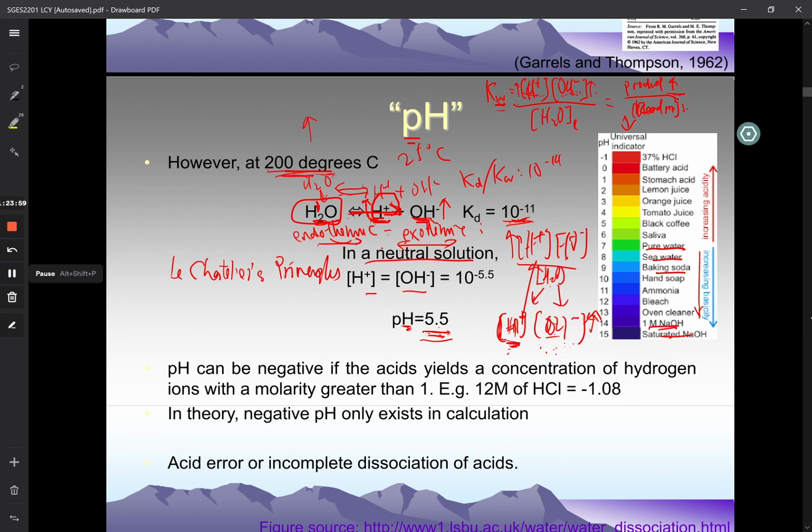Okay, and in the other spectrum of pH, you have saliva, our human saliva, which is slightly acidic with a pH of 6, and then orange juice, because of the citric acid, with a pH of 3, and at last you have HCl or battery acid, which is very acidic, with a pH of 0 or close to 1.